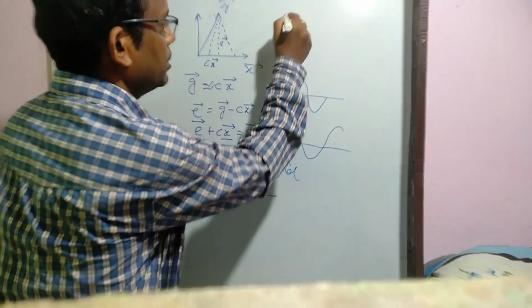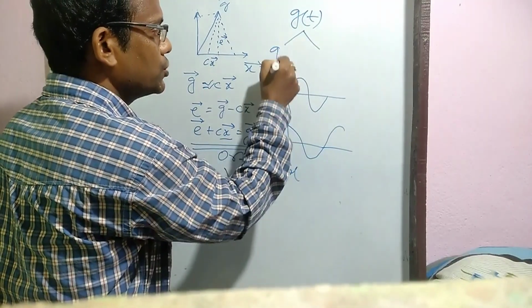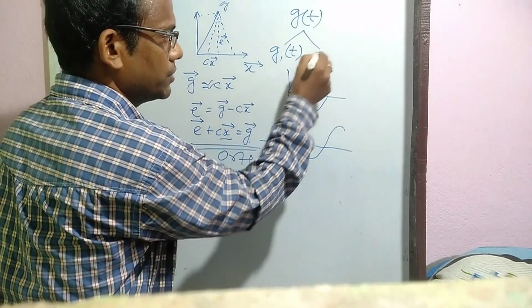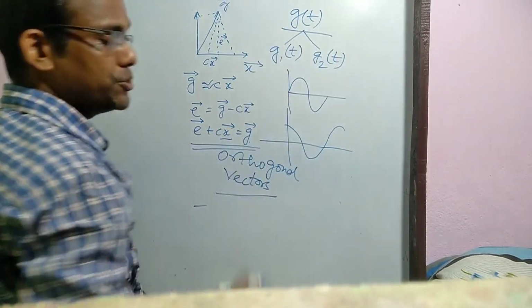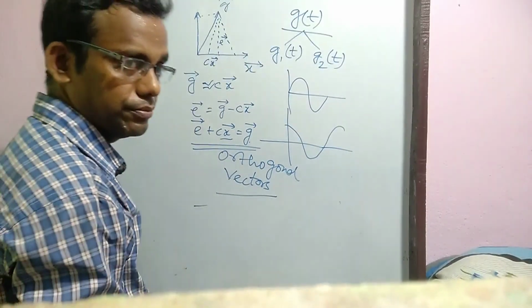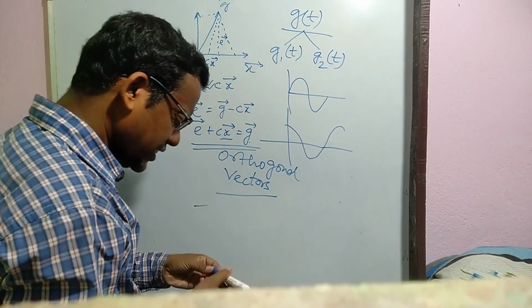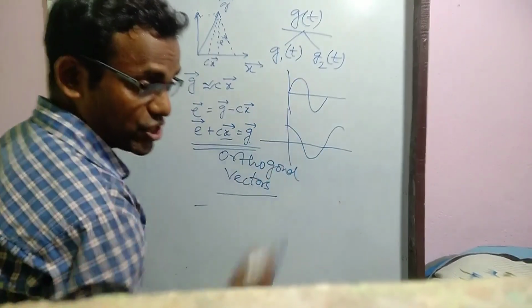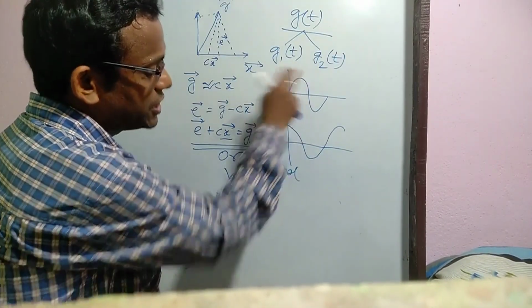Let's consider a signal g(t). You are expressing this in terms of g1(t) and g2(t). If g(t) is periodic, it can be expressed in terms of g1(t) and g2(t).